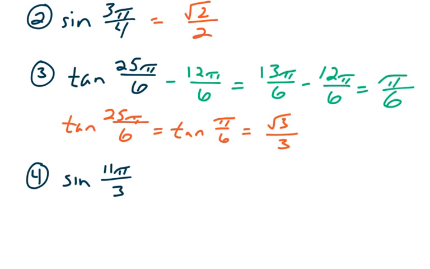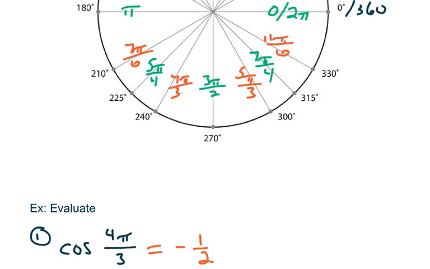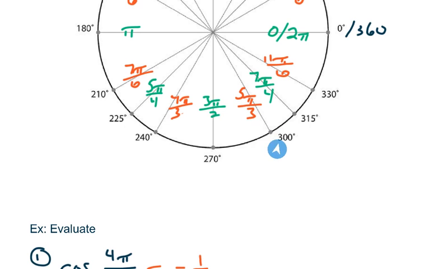Okay, once again, since we're talking in thirds, this number needs to be twice as big as the bottom to be one revolution. So 6 pi over 3 is what we're looking for, something less than 6 pi over 3. So let's just start subtracting 6 pi over 3, and that'll give me 5 pi over 3. And 5 pi over 3, that's on the unit circle. That's right here at 300 degrees.